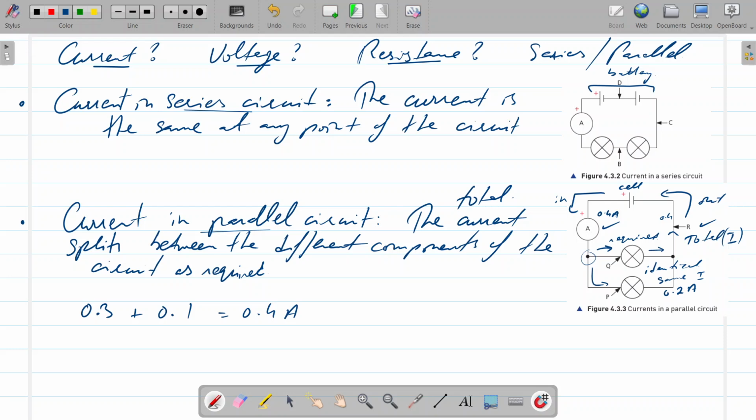So basically what we can say is I equals I1 plus I2 plus In, n meaning however many splits or branches of the circuit there are in parallel. The total current supplied will be split. So you take the current of each individual branch of the parallel circuit, you add them all up, and you will get the total current.